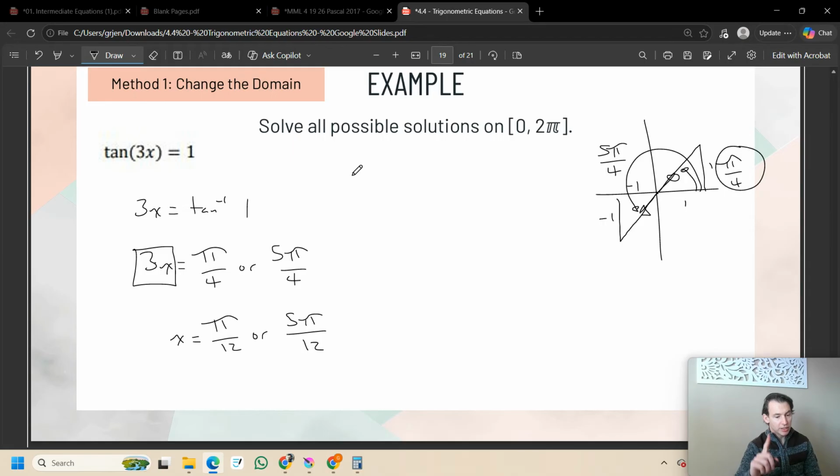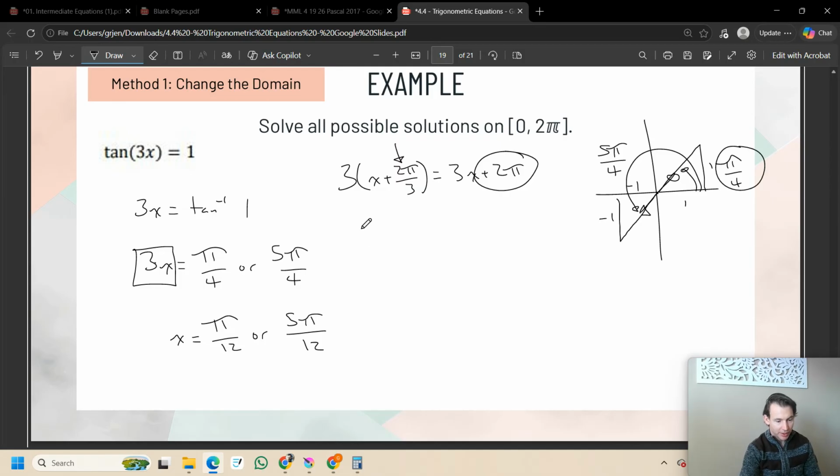so if I increase x by 2 on 3 pi, then I would multiply that by 3. So I'm actually increasing 3x by 2 pi. Watch. 3 times x plus 2 pi on 3 will be equal to 3x plus 2 pi. So that's how you add 2 pi, is you have to divide it there.